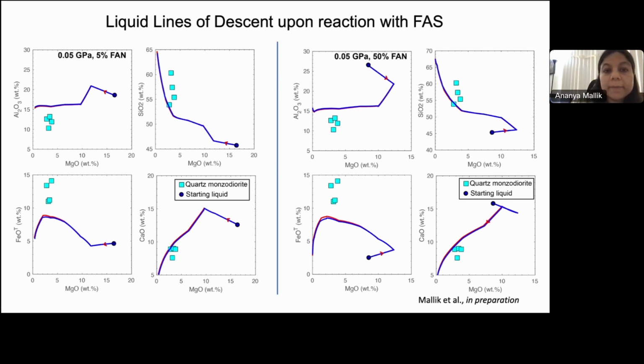So what we can say about the QMD is that it is better matched by the liquid line of descent at lower pressures, but we cannot really put a limit on the extent of ferroanorthositic crustal assimilation that would be required to produce them, at least in terms of major elements.